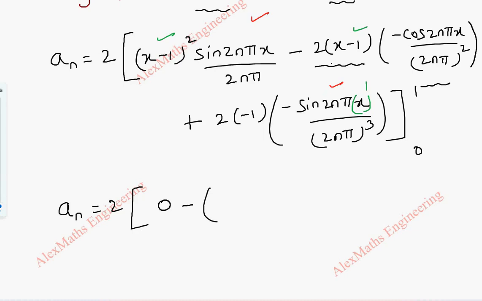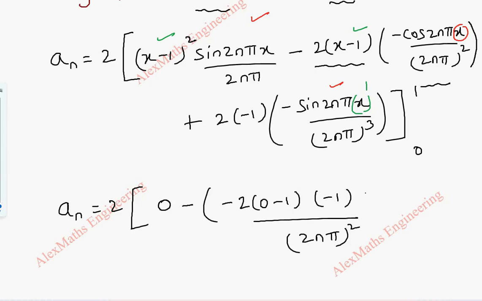So the only term left is the middle term, which is minus 2 into 0 minus 1, and cos 0 will be 1, and there is a minus sign, so minus 1 by 2n pi whole square.